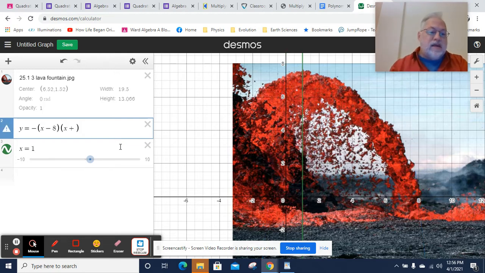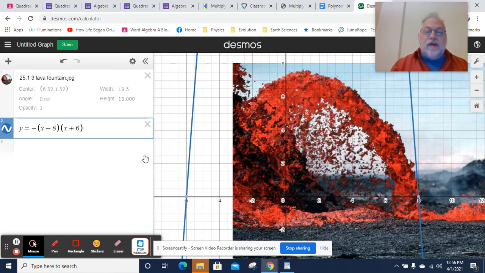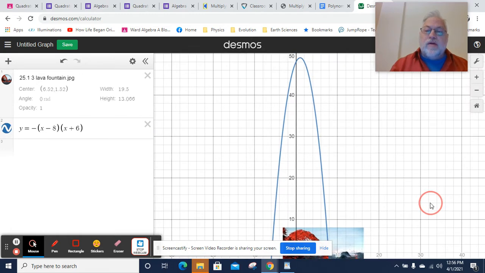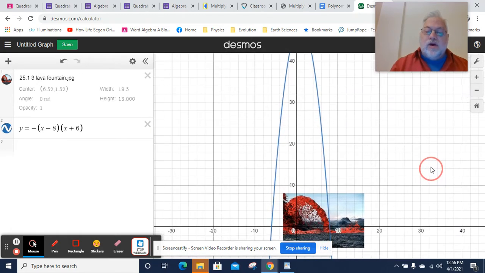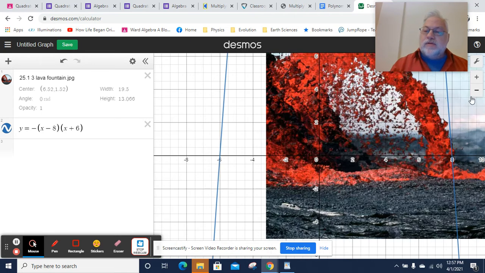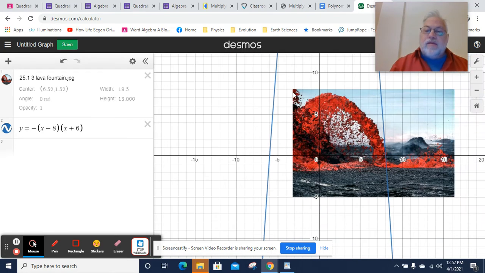If x was negative 6, if I added 6 to it, I would get 0. So now I think I've got pretty decent x-intercepts, and I've got the whole thing in the right direction. I'll zoom out so you can see the whole thing there, whoop, way up there. So I've got the whole thing going in the right direction.